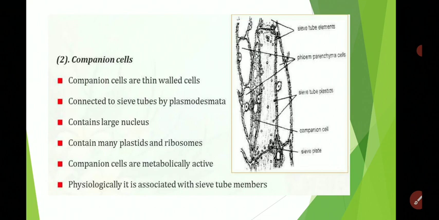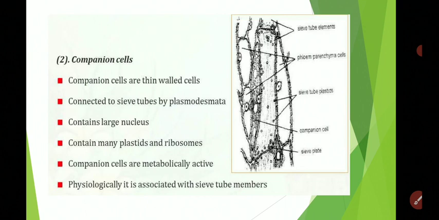They possess prominent nuclei, and one or more companion cells are associated with each sieve tube. Companion cells are a specialized type of parenchyma cells which are closely associated in origin, position and function with the sieve tube element. And these cells occur only in angiosperms.